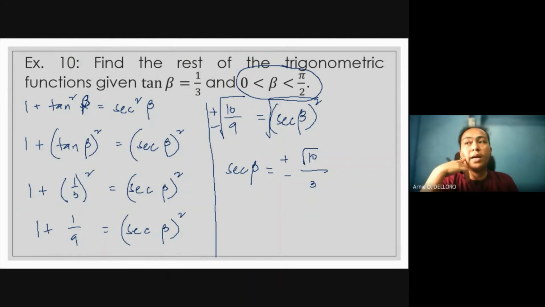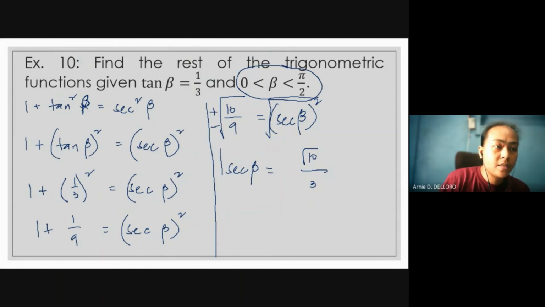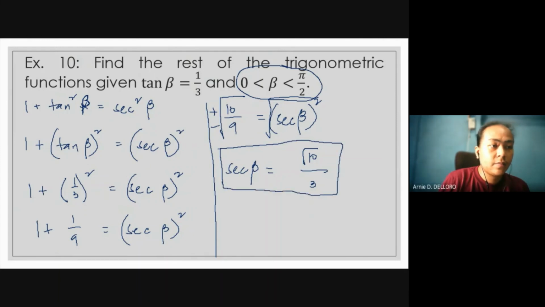If the angle is in the first quadrant, what we will take between positive and negative square root of 10 over 3 is the positive value. Because it is in the first quadrant, all trigonometric functions are positive. So we take the positive value. Therefore, secant beta is equal to square root of 10 over 3.